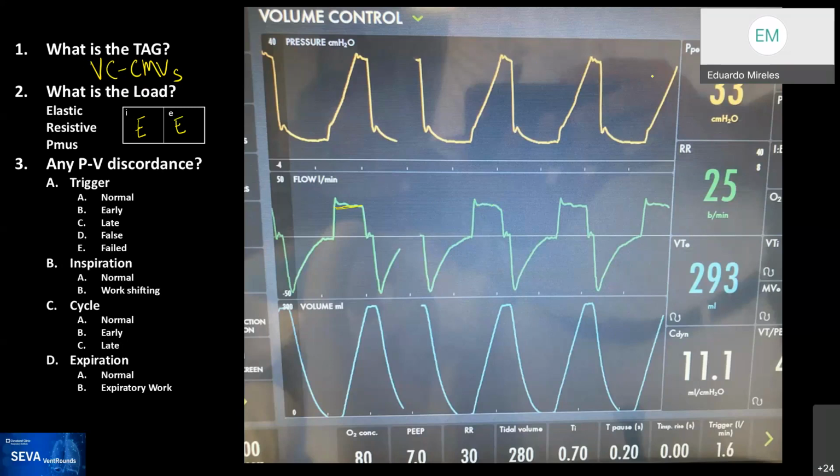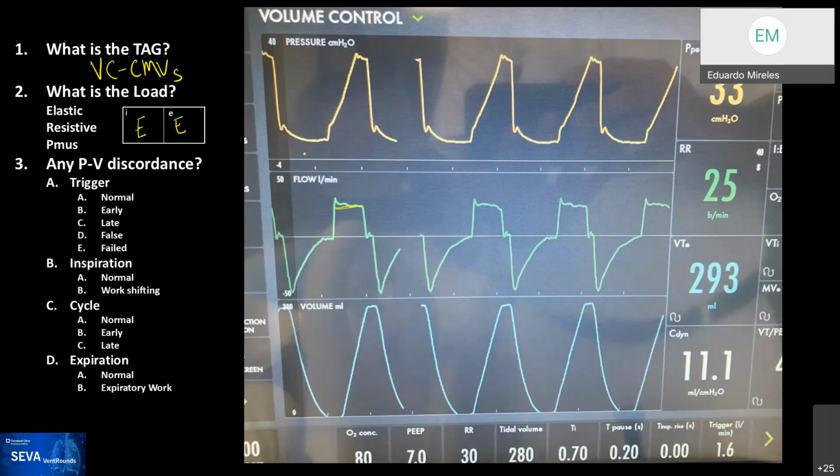Whenever you see that, there are details with every single ventilator, and that's why it's important to start by the tag. In this ventilator in particular, the tag for volume control can be two types depending on what is activated. But in general, you see the waveform, and there's a very steep change in pressure, and in all of them it is exactly the same or very similar. You can see that the volume also stays the same height.